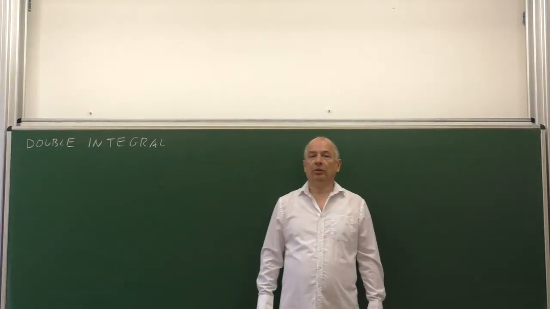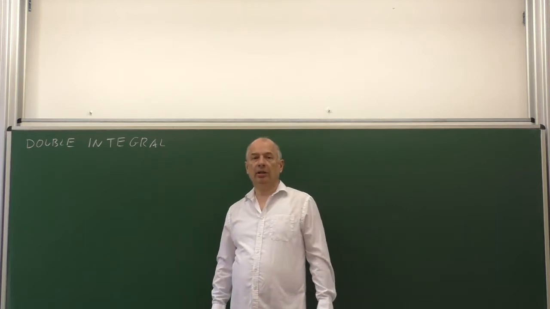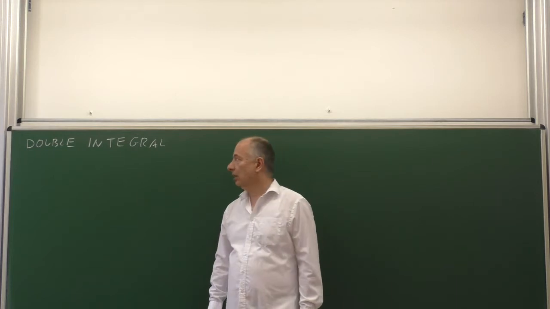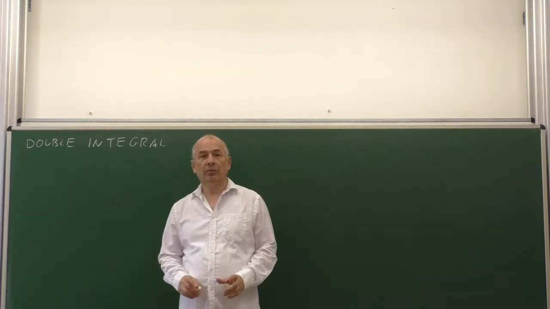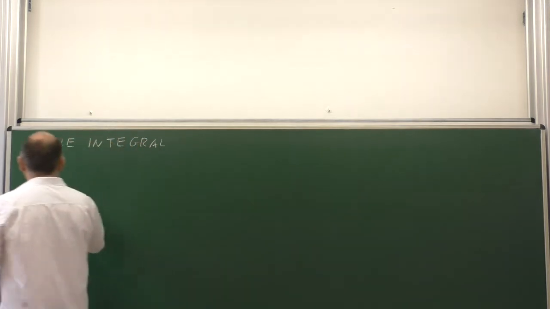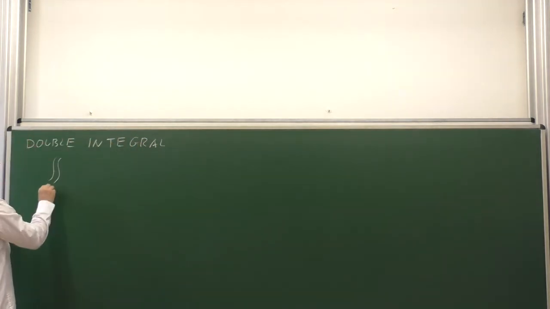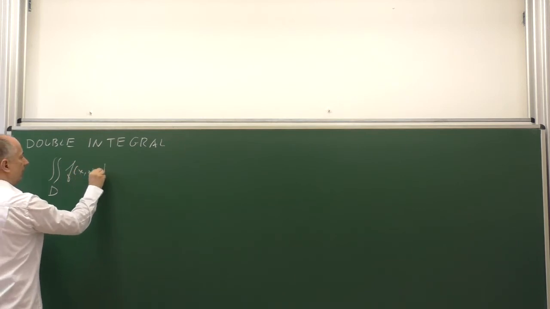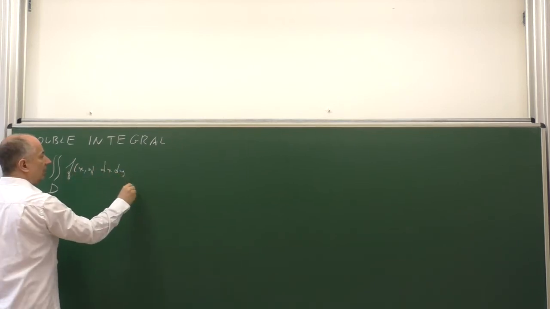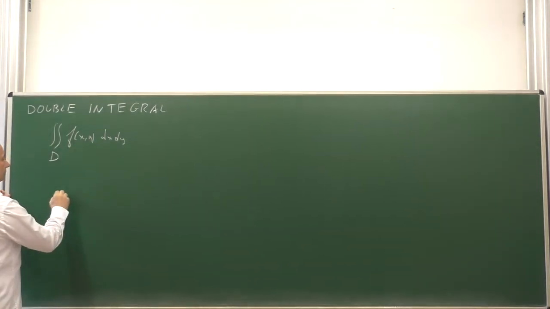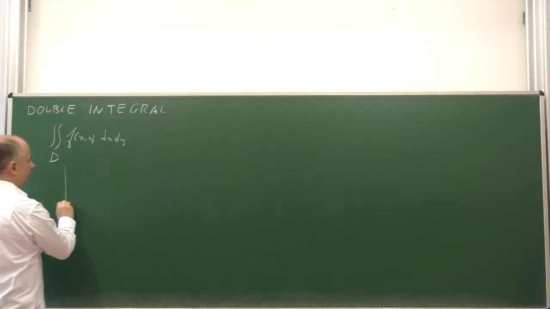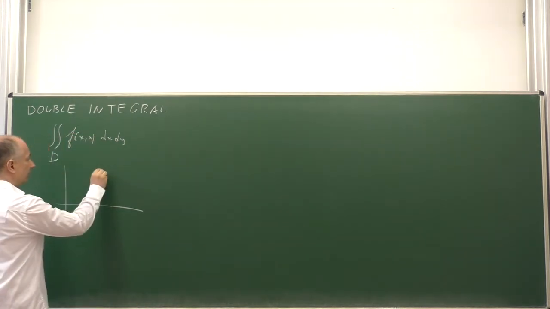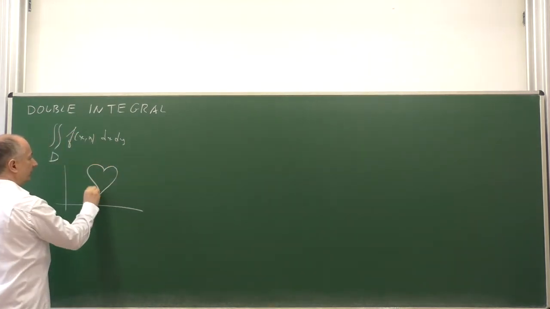We have seen how to define and how to evaluate the double integral over a rectangle integration domain. Now, what if the integration domain is not a rectangle? Consider the integral over D of a function f(x,y) dx dy, where the set D is not a rectangle, say something like that.